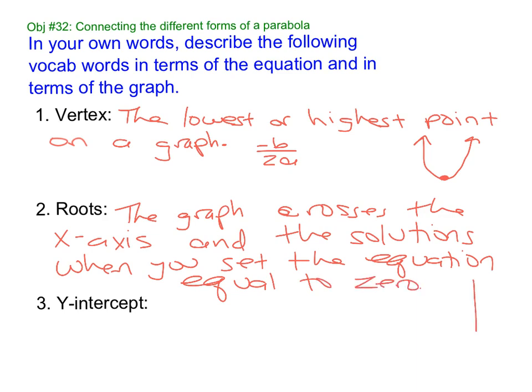Right? So graphically, it's these points right in here, where it crosses the x-axis. It crosses the x-axis where y equals 0.